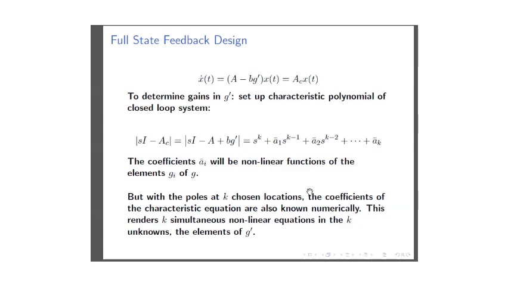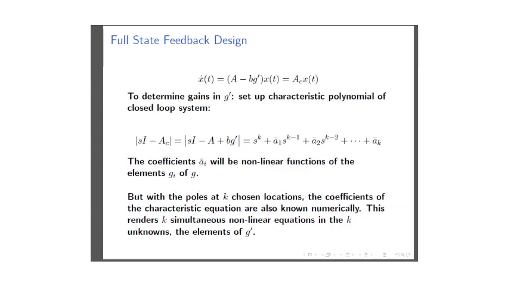And once I've solved those equations, I've got the G values, the gain values that, if I plug them into the system, into this block diagram of mine, I'll have a closed loop system of which the poles are located at the locations that I've selected. Or in other words, the eigenvalues of the closed loop A matrix are located on the complex plane at the locations that I've selected.